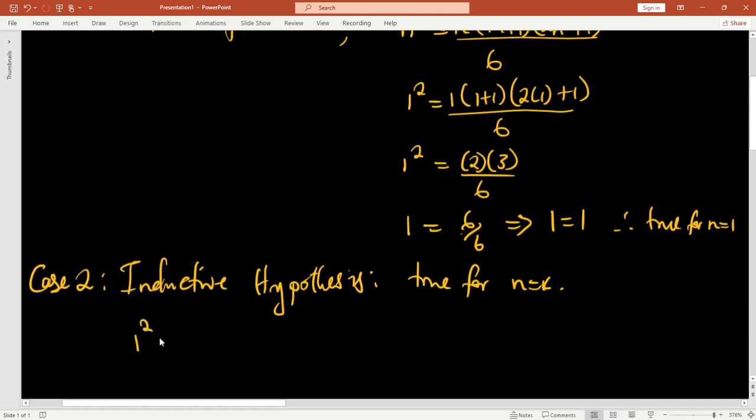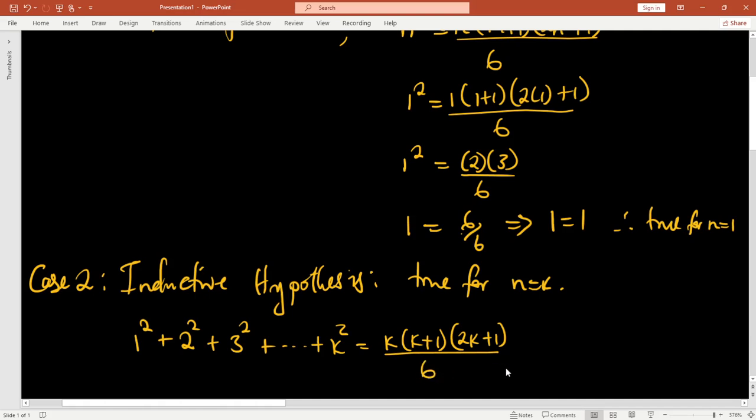So we have 1 squared plus 2 squared plus 3 squared plus ... plus k squared is equal to k(k plus 1)(2k plus 1) divided by 6 here. So this is the only thing that we get to do under the inductive hypothesis there.